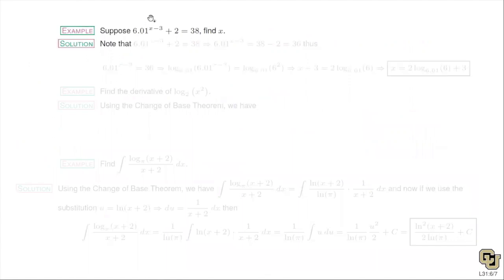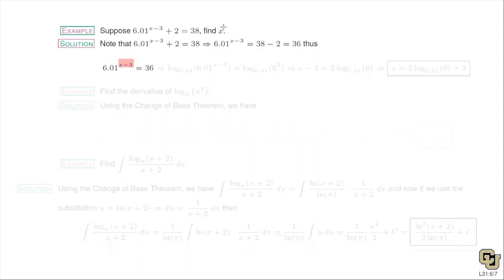So here we have 6 raised to the x minus 3, and I'm trying to find x. What I like to do is isolate the term with the unknown, which is 6 to the x minus 3, and then move everything to the other side, so it's equal to 36. Now remember, the unknown is up in the exponent, so we have to use logarithms.